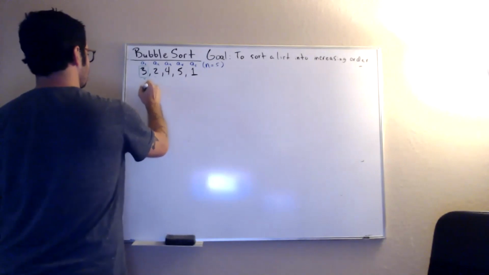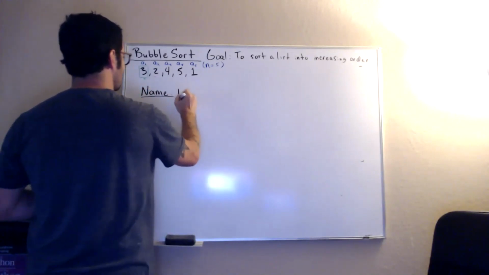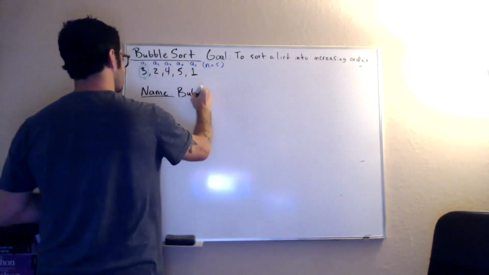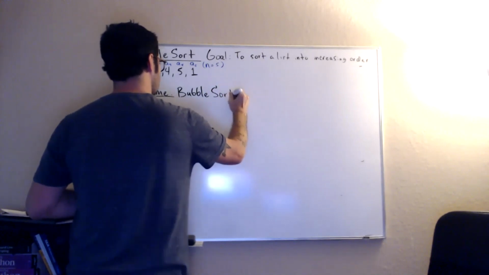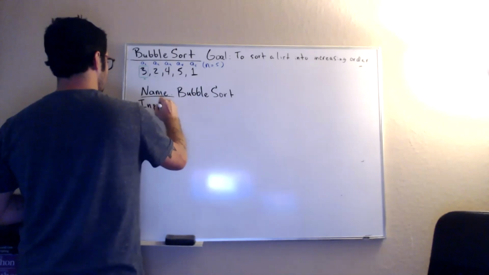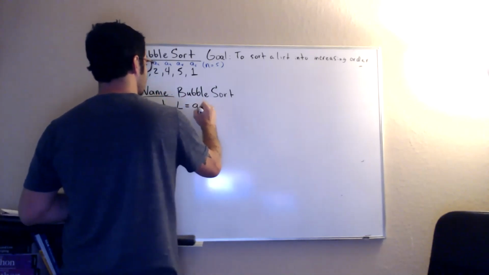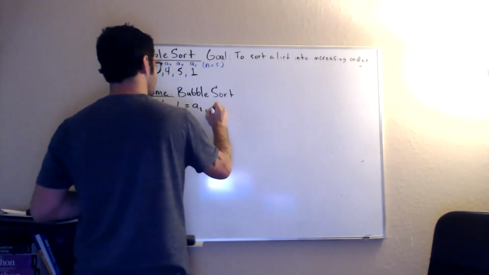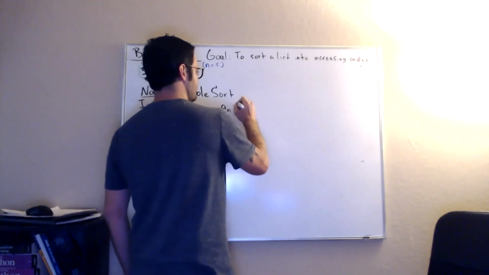Okay, so name, bubble sort. Input, L is equal to A1 through AN, and this is a list of numbers.